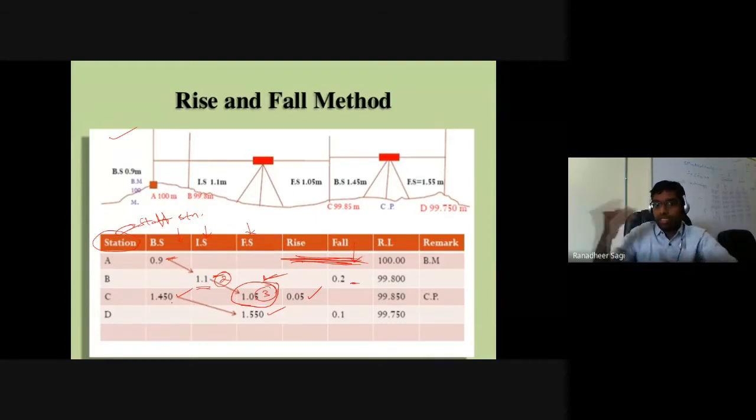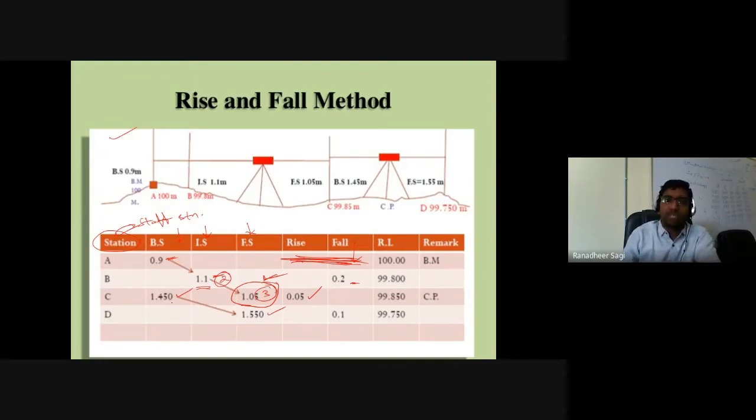That means you are shifting your instrument. So once the instrument is shifted, you will not calculate your rise and fall taking the reference of foresight minus backside, because with the foresight itself, the data of that particular instrument station is completed. Then we move on to the next instrument station.